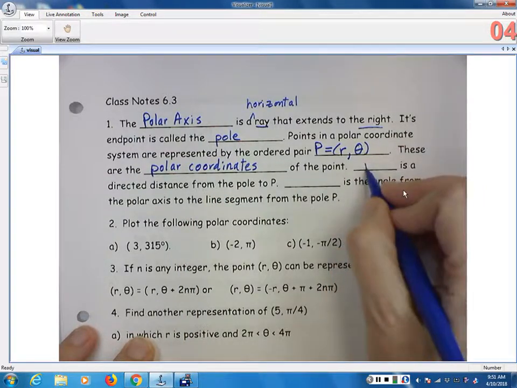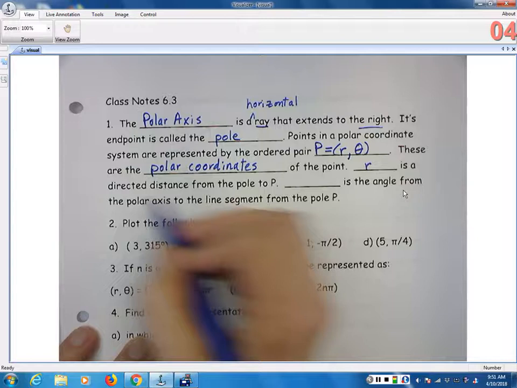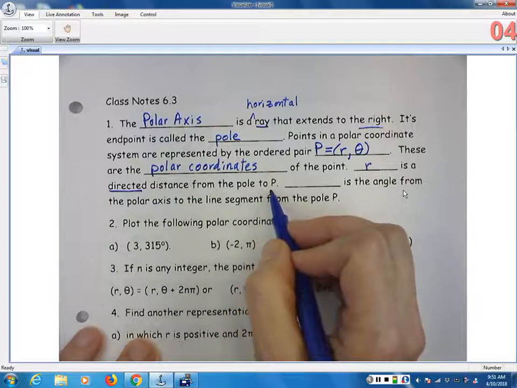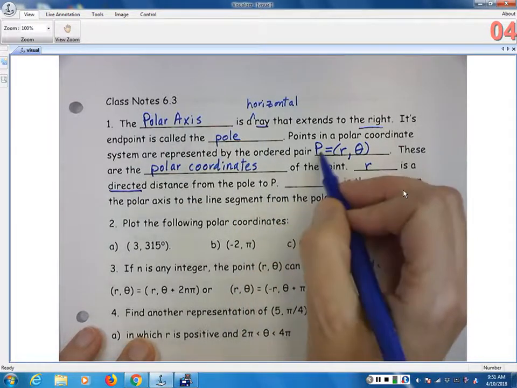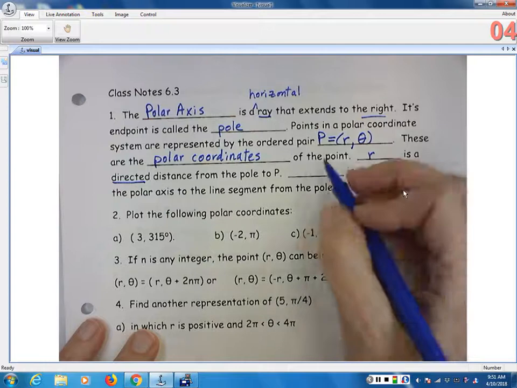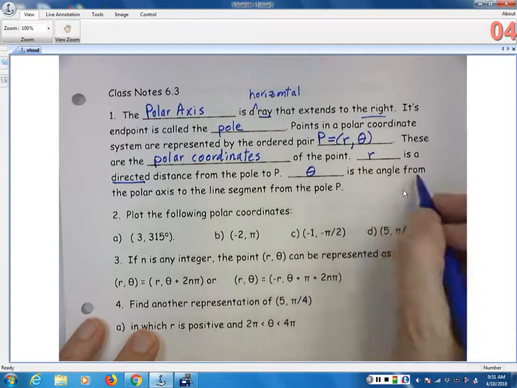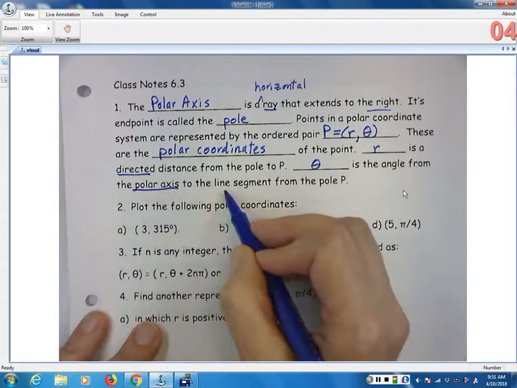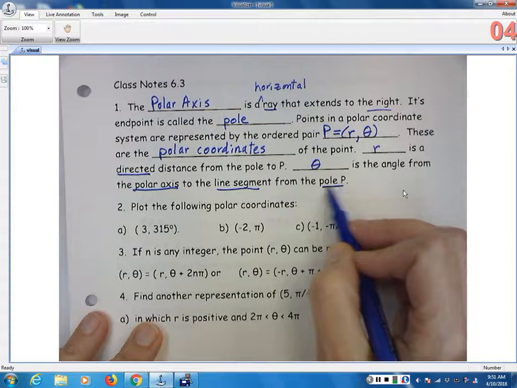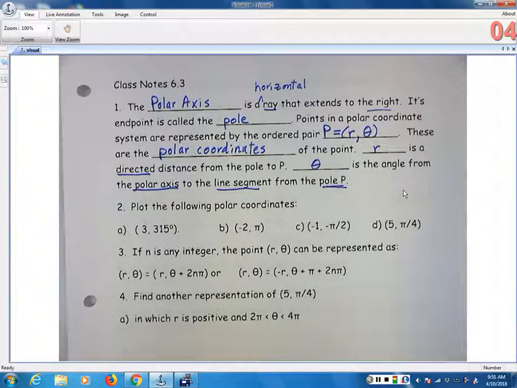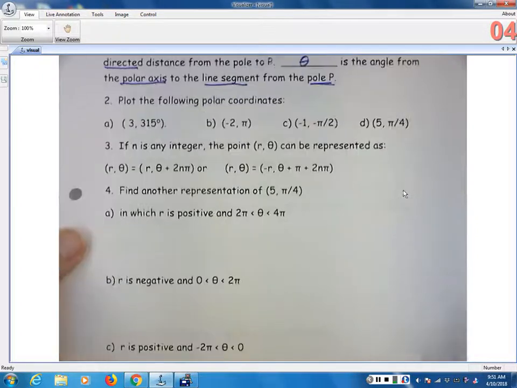R is the directed distance from the pole to the point P. Theta is the angle from the polar axis to the line segment from the pole to P. We're going to practice, and there are examples in the book too. We're going to plot the following polar coordinates on the paper I gave you.